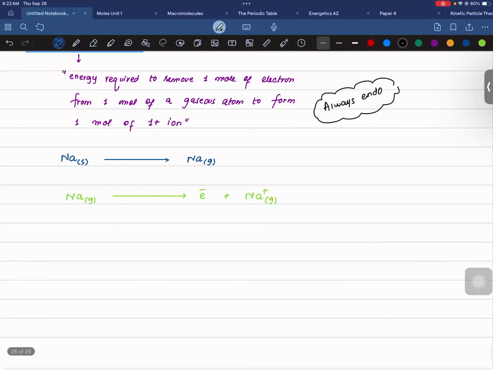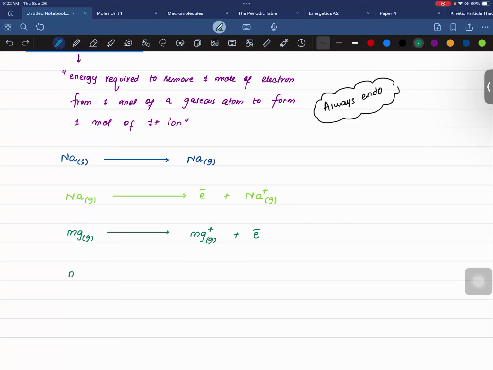Let's suppose we have magnesium that is already in the form of gas. Magnesium is in group 2, so it can lose 2 electrons. But remember, one by one: according to the definition, 1 mole of electrons is removed from 1 mole of gaseous atoms to form 1 mole of a cation.